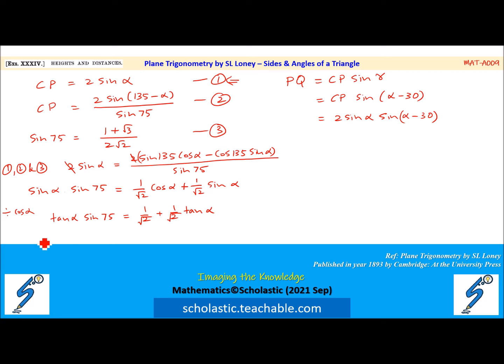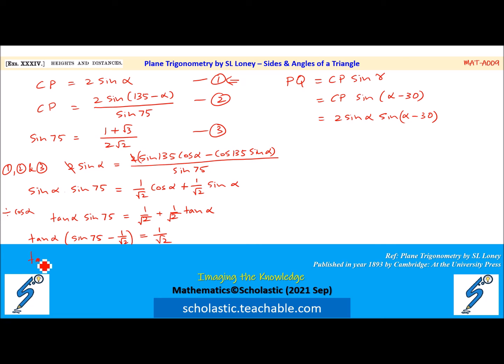So take the tan alpha to one side: tan alpha times (sine 75 minus 1 over root 2) is equal to 1 over root 2. The rest is simplification. So let's put the value for sine 75. Sine 75 equals (1 plus root 3) over 2 root 2.